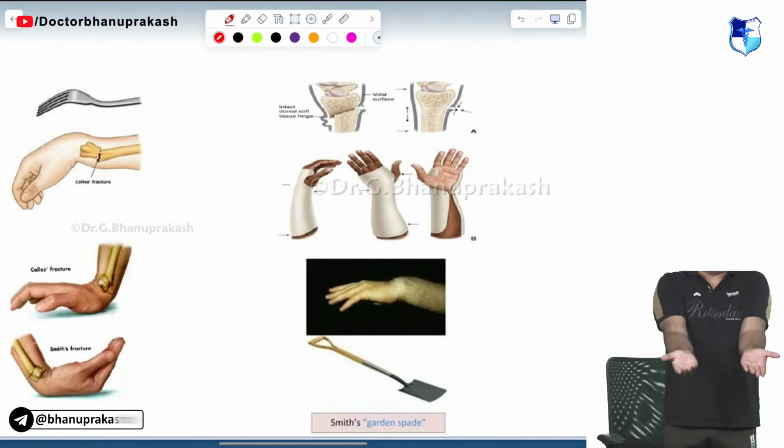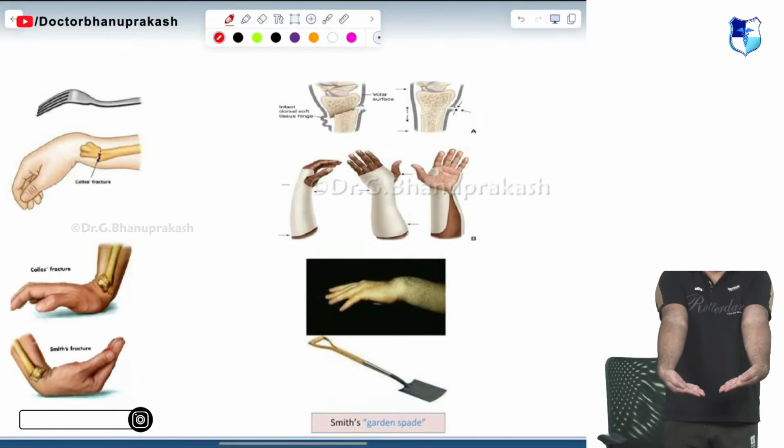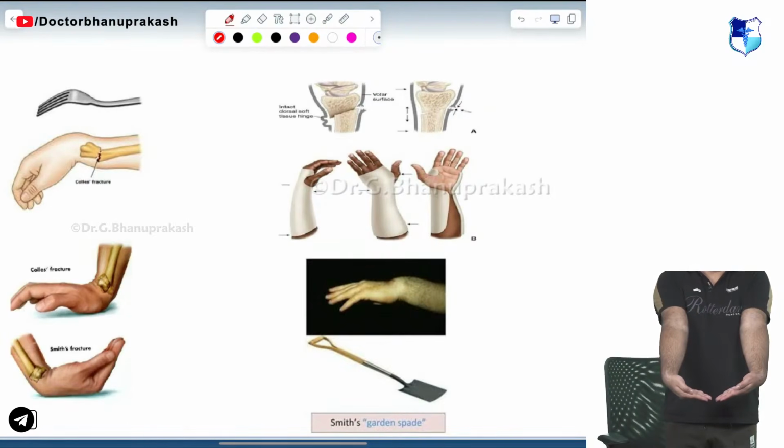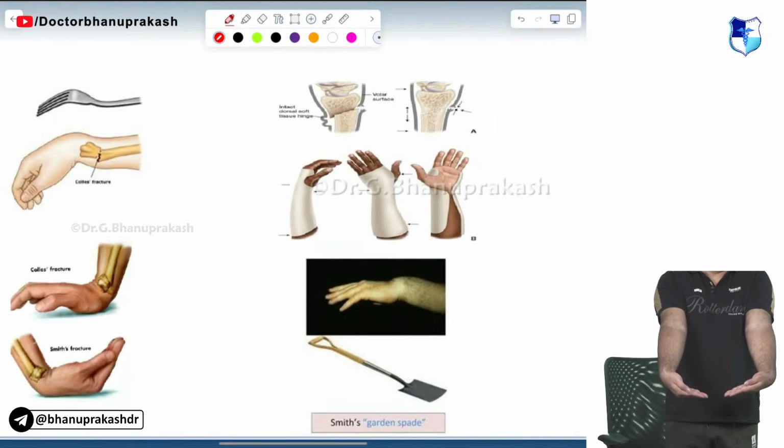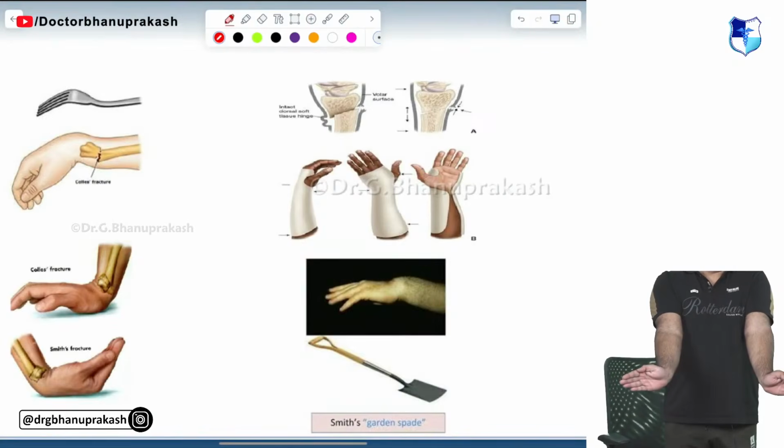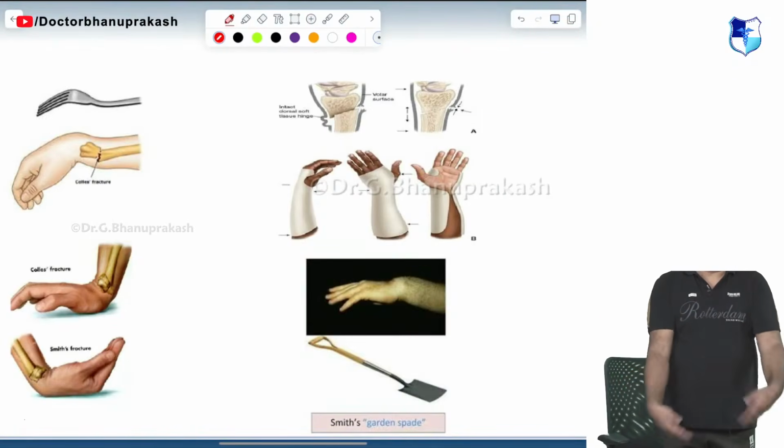Quick repetition: medial deviation, also called ulnar deviation. Neutral. Lateral deviation, also called radial deviation. Neutral. Medial, ulnar. Neutral. Lateral, radial.